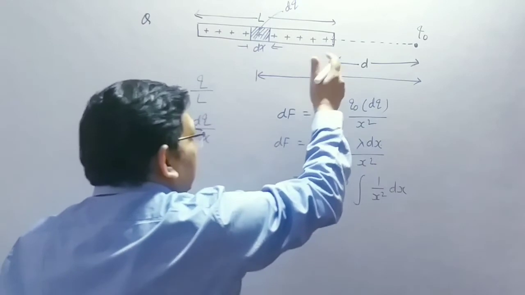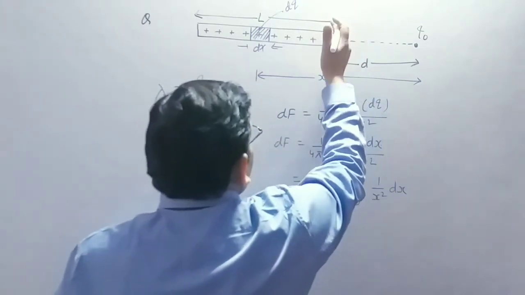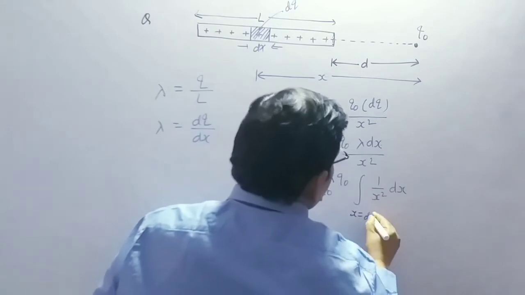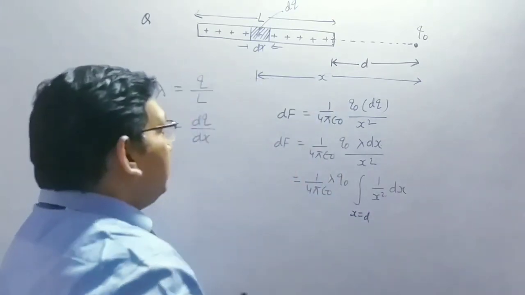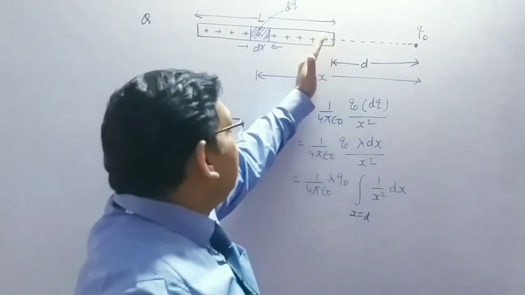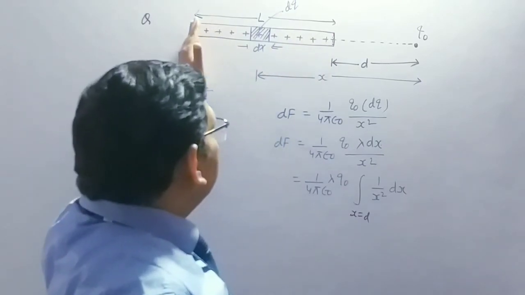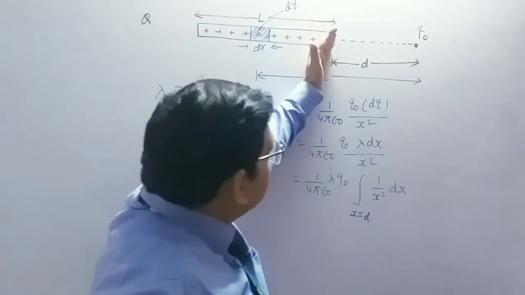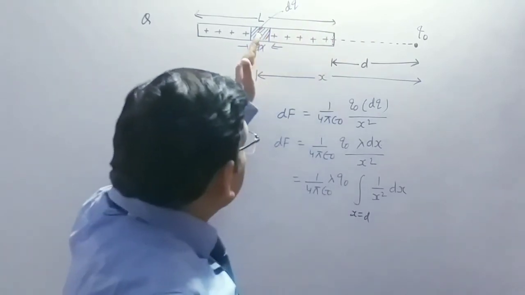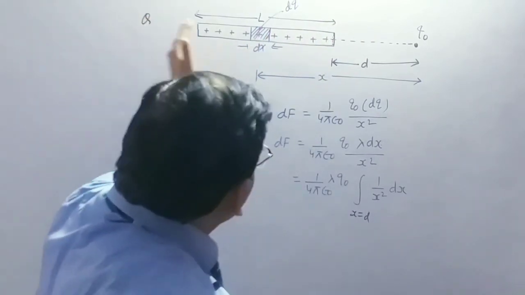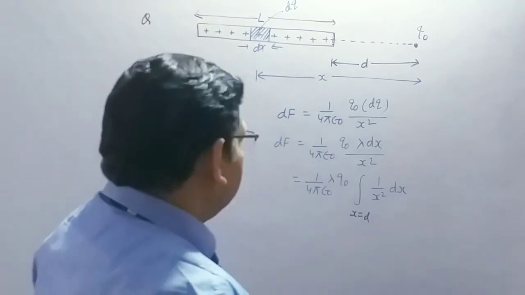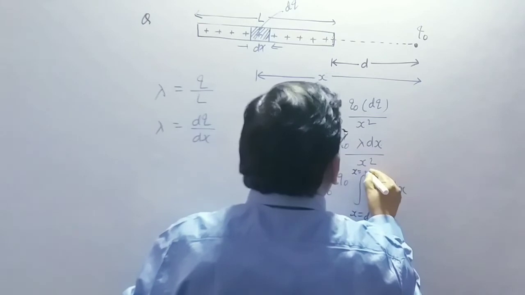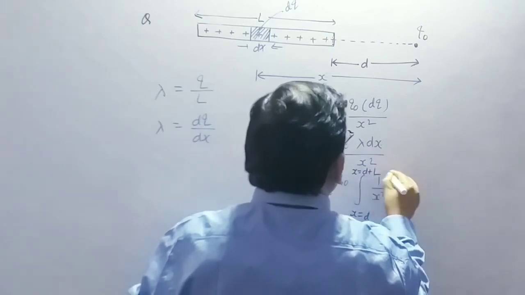The smallest distance from this one end is d, so x is equal to d. From here the entire rod will come, so the limit should be from d to d plus L. So here x varies from d to d plus the entire length of the rod.